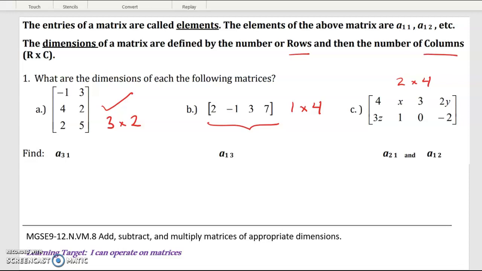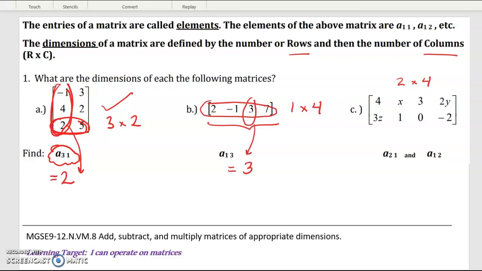Here we want to find the entry or the element that is in the 3rd row, 1st column. The entry is 2. A13 is the element that's in the 1st row, 3rd column. There's only 1 row.